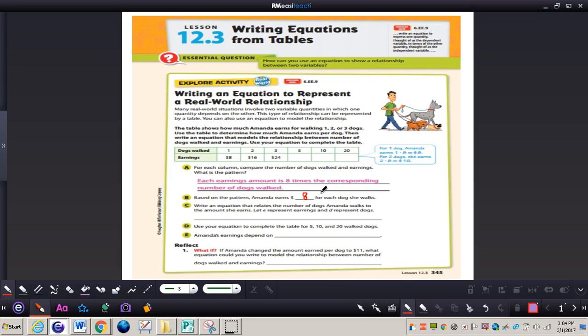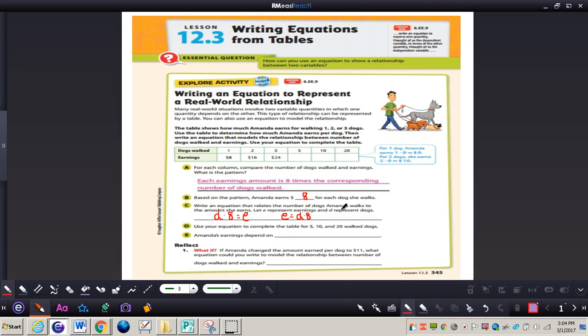So we're going to write an equation here, and I want you to do this with me, we can have dogs D times 8. Why is it times 8? Because it's $8 per dog equals the earnings, which is E. Or you could also have E equals D times 8. Any of those would work.